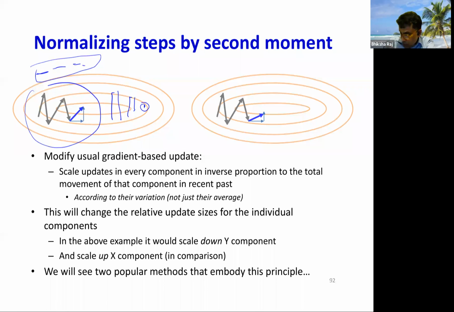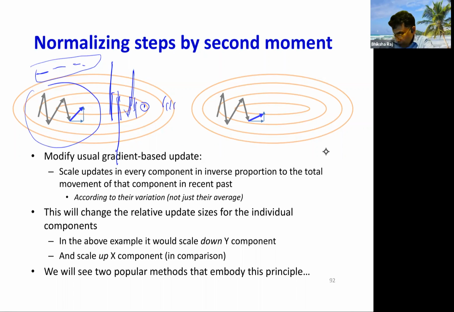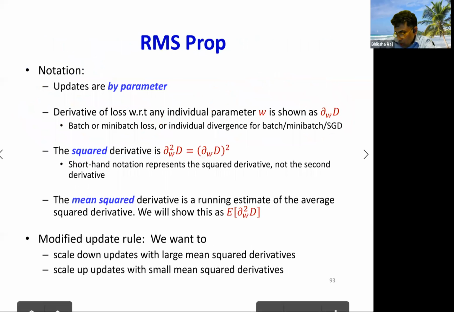So we're going to look at the total movement to the total variation, and the total variation we're going to capture using the second moment, not the average, because the average is not going to distinguish between this and this, as we saw, right? So instead of taking the average, we are going to try to look at the root mean squared value, which doesn't cancel things out.